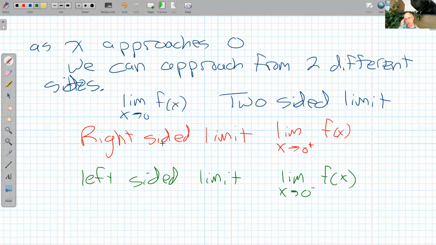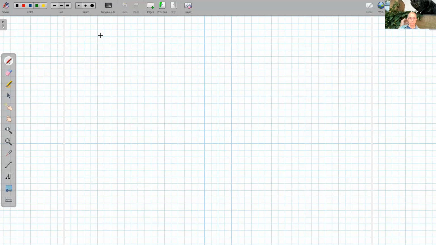And as far as the left-sided and the right-sided limit in relation to the two-sided limit go, if the left and the right match, then the limit as x approaches 0 has a limit. So this is an important rule.